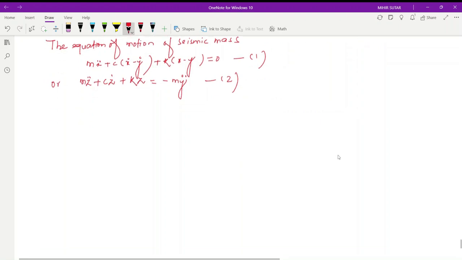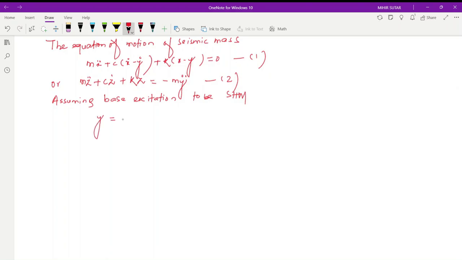So assuming base excitation to be SHM, simple harmonic motion, we'll assume a solution y as capital Y sine omega t.